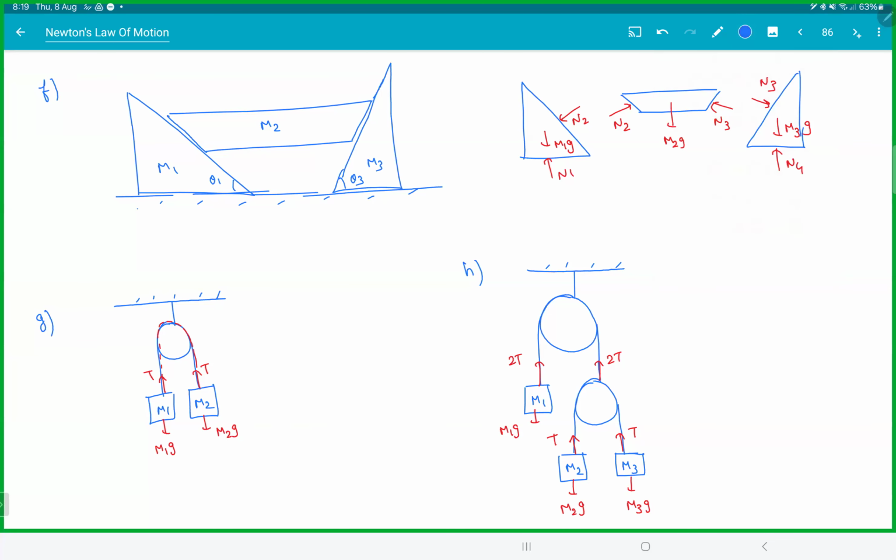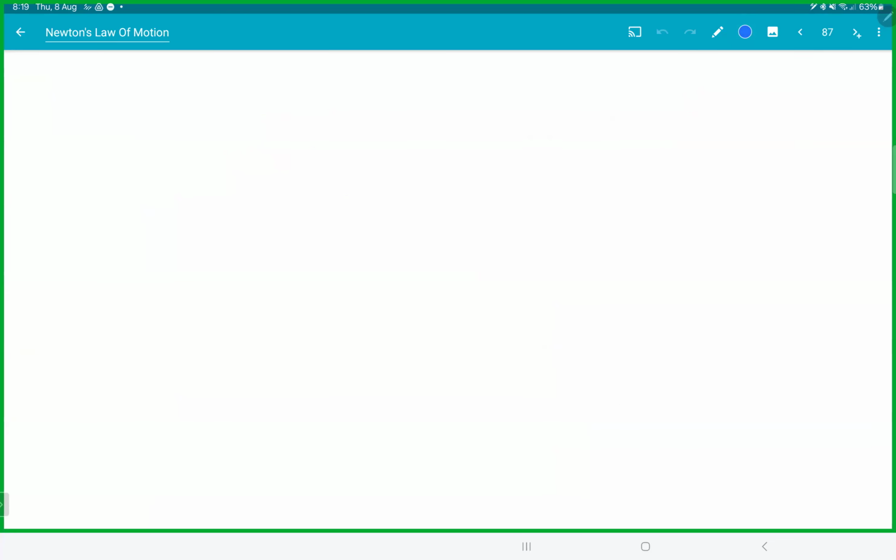All clear? Pulley will come. Next one. Now draw.